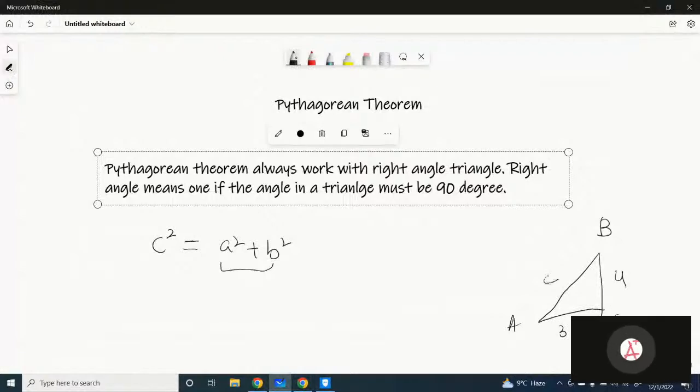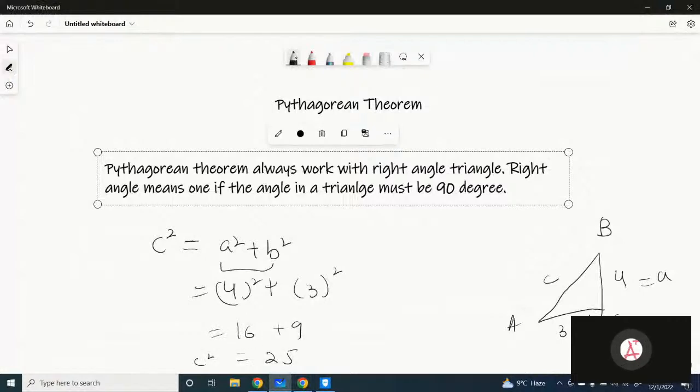So that would be C, that would be B, and that would be A. So just calculate the squares of the sides. It would be 4 square plus 3 square. 4 square is 16 and 3 square is 9. So it would be 25.